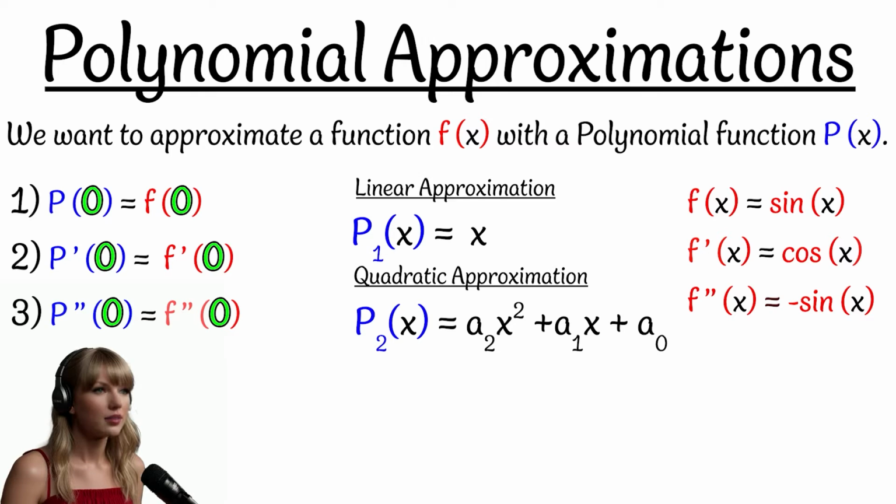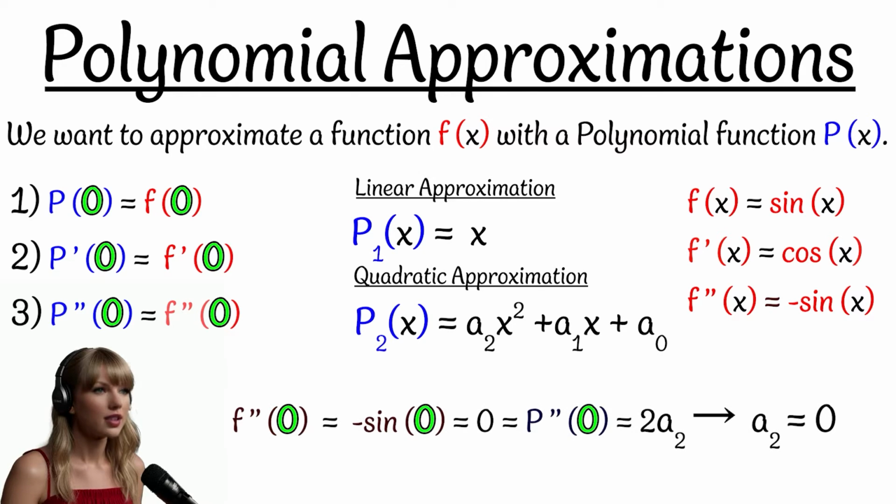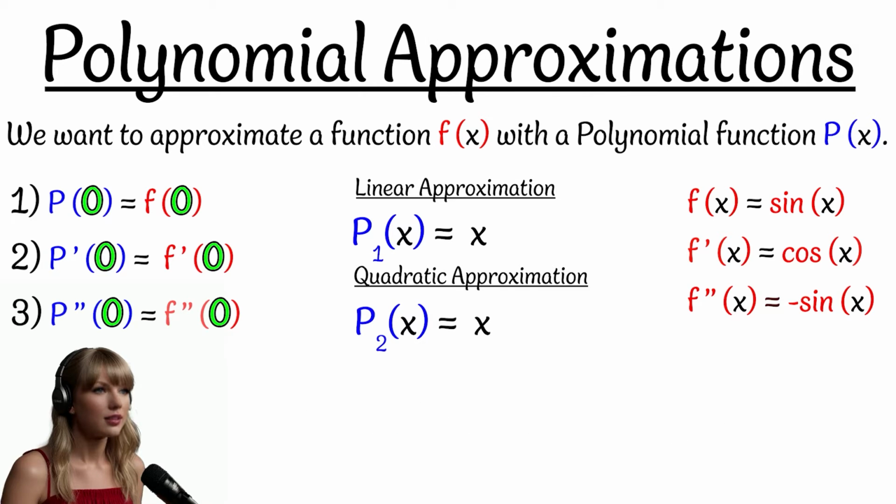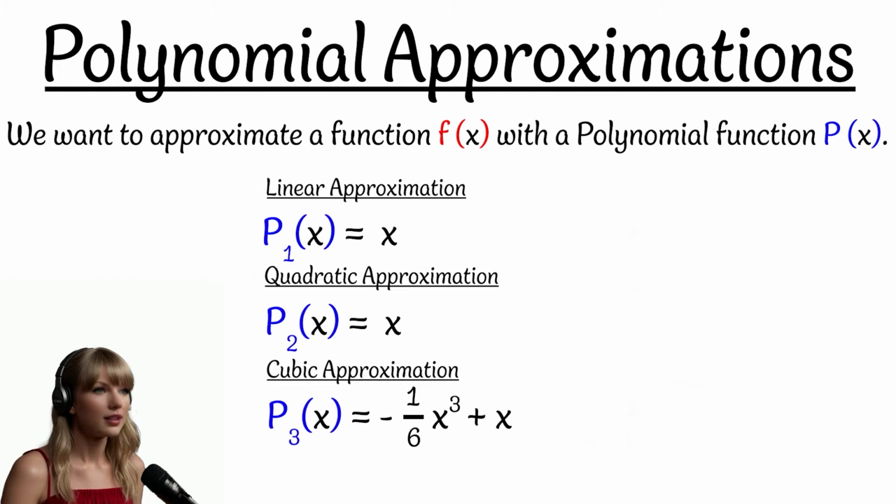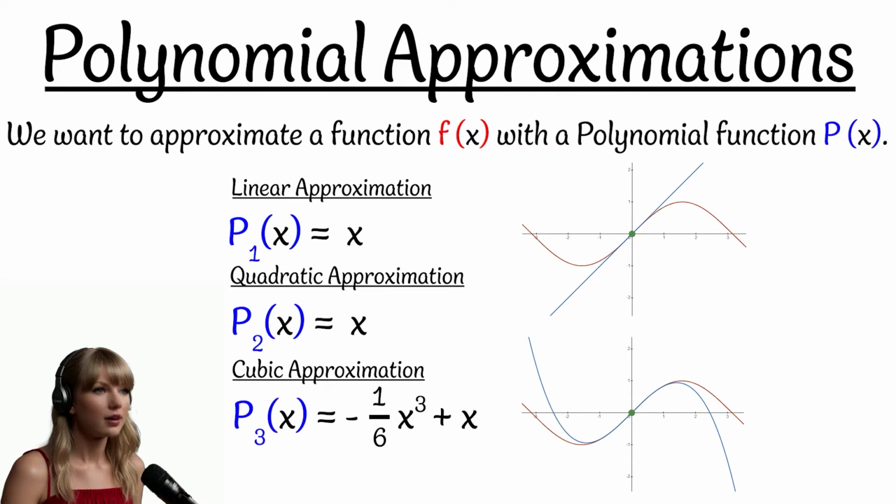It's not too hard to find that the quadratic coefficient is also 0. This means that at 0, there is no quadratic that is a better approximation than y equals x. As you can hopefully imagine, we can continue this process indefinitely to find better and better approximations. So yeah, this technique is pretty cool, huh?